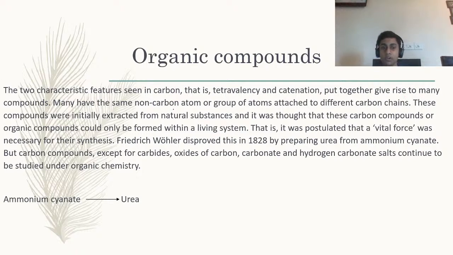Many have the same non-carbon atom or group of atoms attached to different carbon atoms. These compounds were initially extracted from natural substances, and it was thought that these carbon compounds, or organic compounds, could only be formed within a living system. That is, it was postulated that a vital force was necessary for their synthesis.